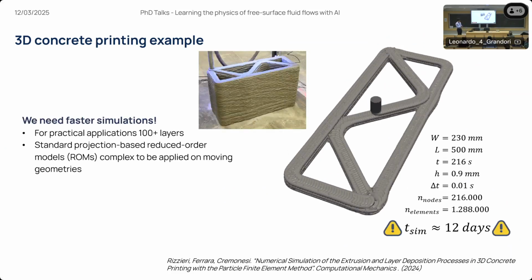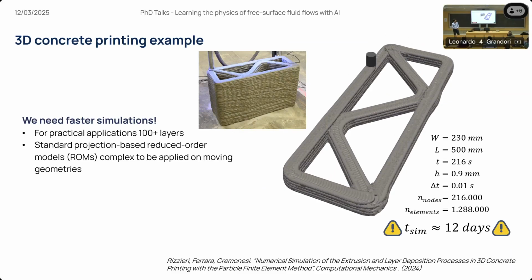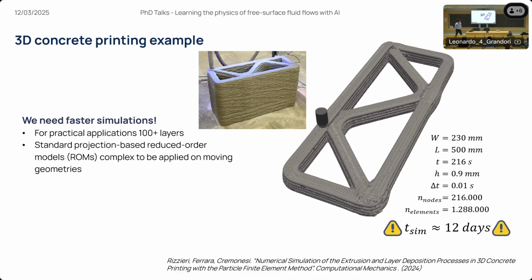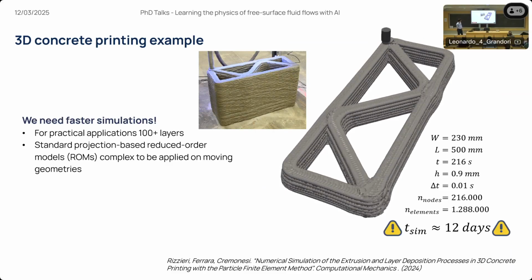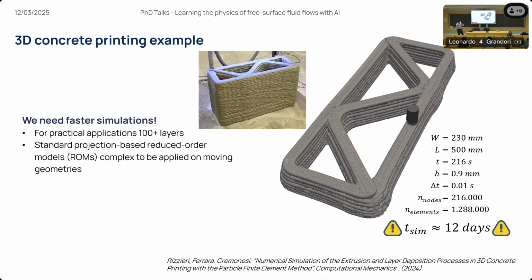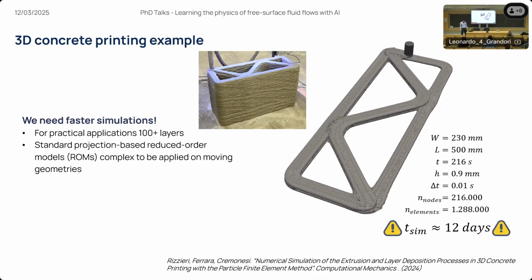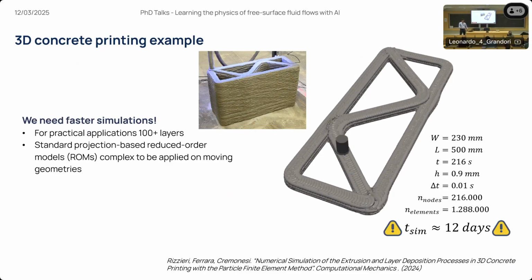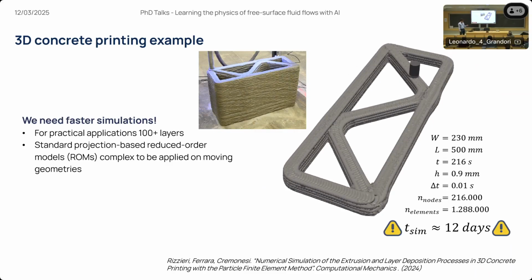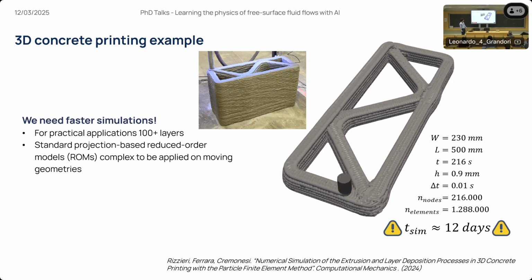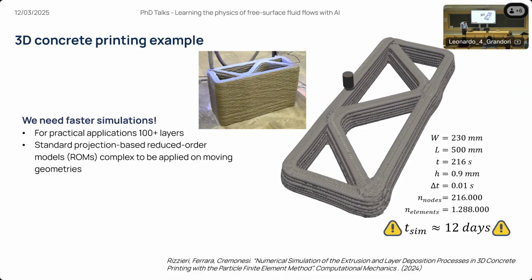And as you can see, a big problem of numerical simulation is that simulating this kind of problem can become very computationally expensive. This is an 8-layer simulation. To create a real object, we would need hundreds of layers of simulation, but we need 12 days only to simulate this. So to scale up to real-world scenarios, we need faster simulation.